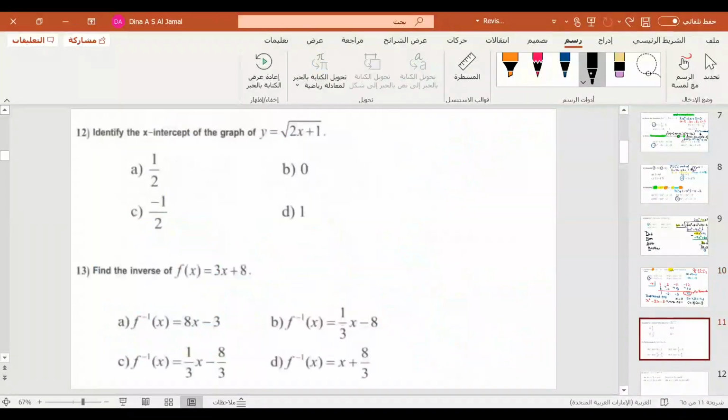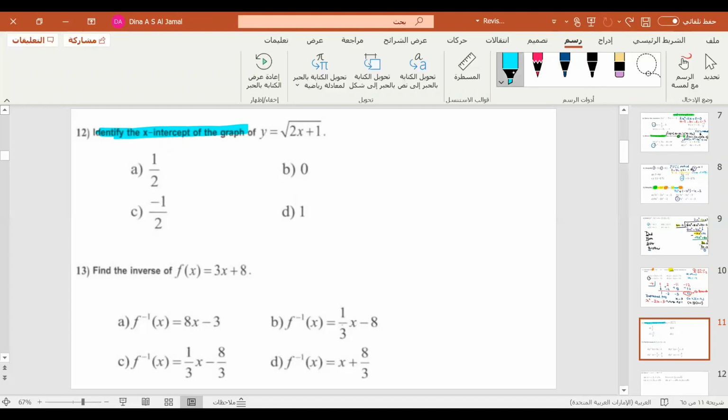Great. Now let's go to this question. He's telling you to identify the x-intercept of the graph of y equals the square root of 2x plus 1. Whenever he's asking you this question, it's like he's asking you to find the domain so you can know the start of the graph.